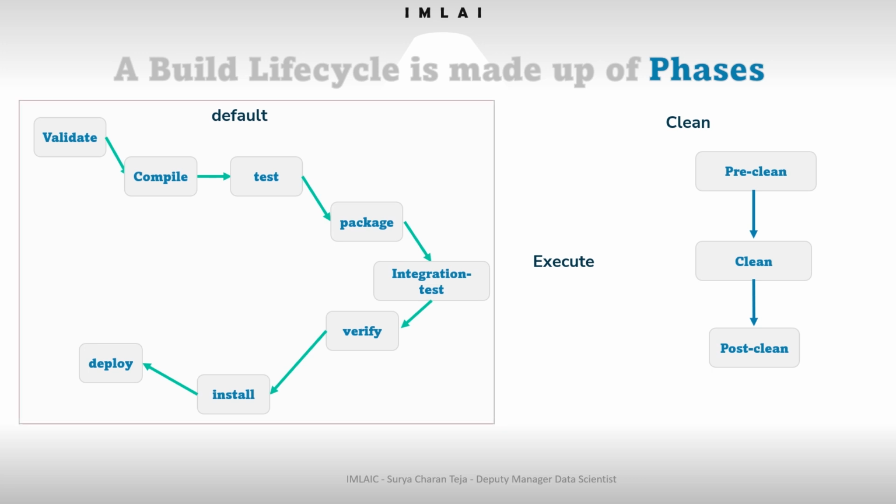Given the life cycle phases above, this means that when the default life cycle is used, Maven will first validate the project, then compile the source code, then run the compiled code against the tests, and then package the binary code into a binary .jar.